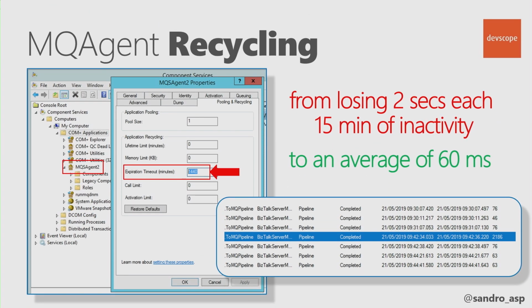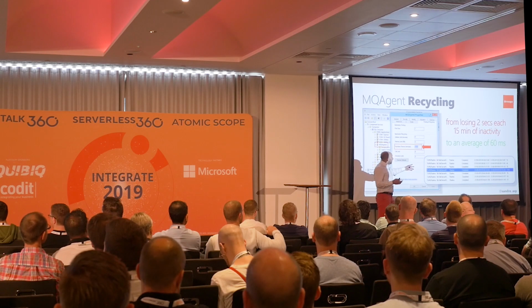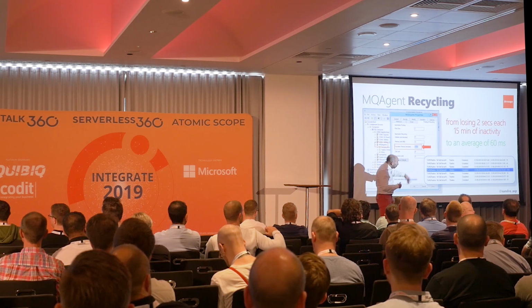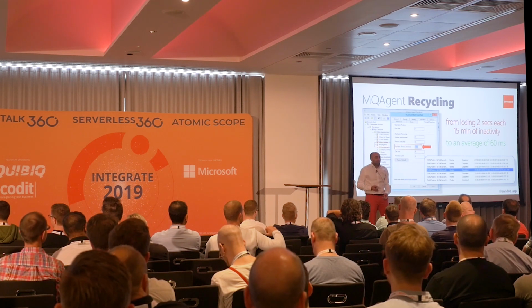I went to the MQ agent that has a default 50 minutes recycling. So what I did was I put in the maximum, 1,440, and I went from an average, after each 50 minutes of inactivity, of taking 2 seconds to an average of 60 milliseconds.